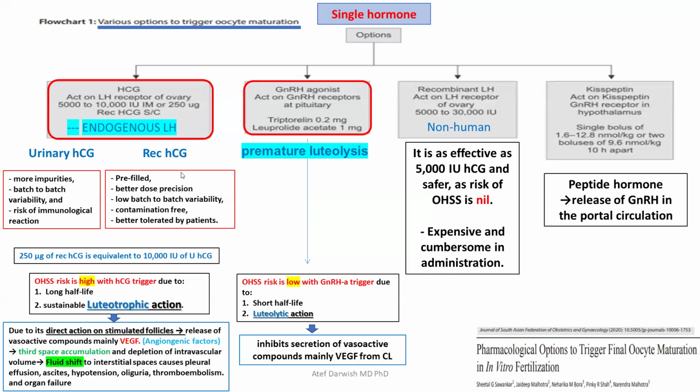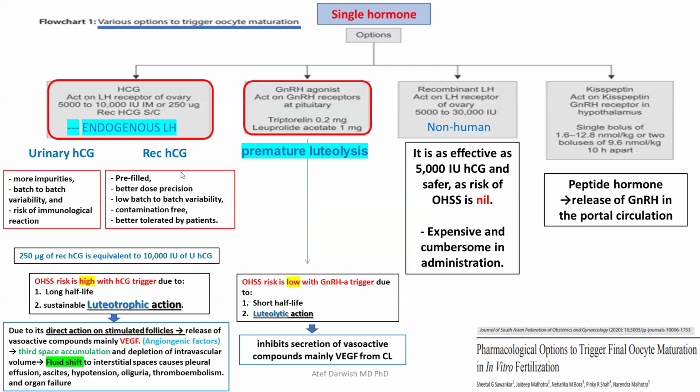But this long effect can stimulate the follicles to release vasoactive compounds like vascular endothelial growth factor, which lead to fluid shift, which means accumulation of fluid in the interstitial space from the intravascular space, leading to ascites, hypotension, oliguria, pleural effusion, thromboembolism, and organ failure.